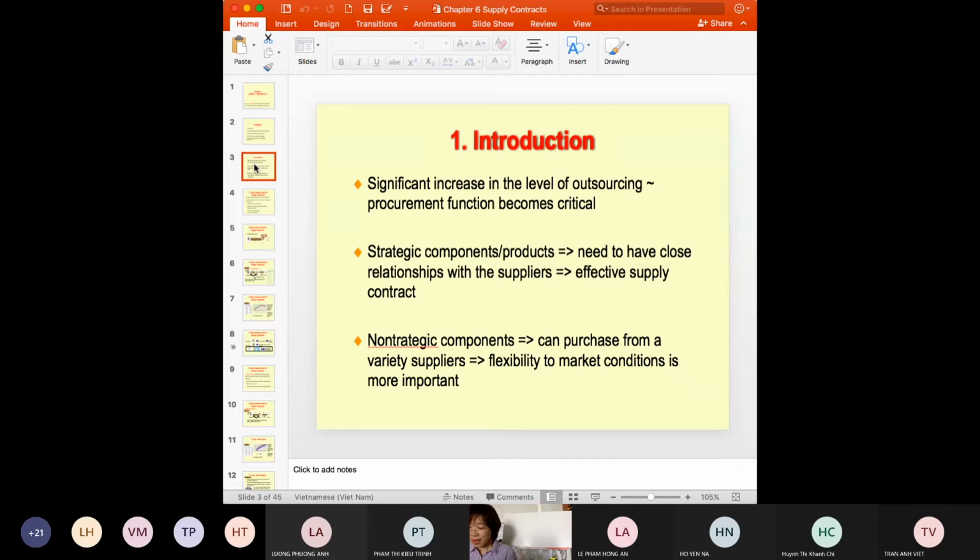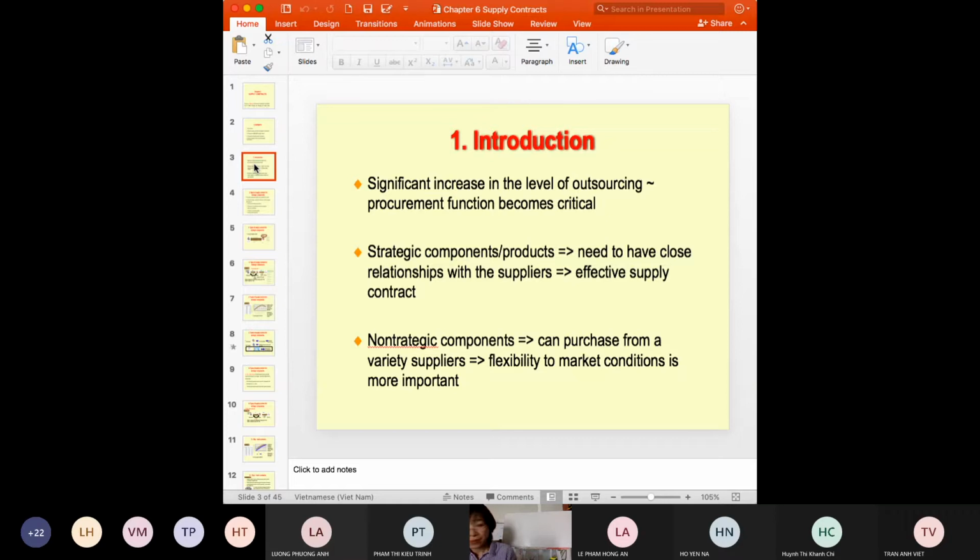You know that in the last few years, we have seen a significant increase in the level of outsourcing. Companies outsource everything from manufacturing a specific component to design or assembly of entire products.